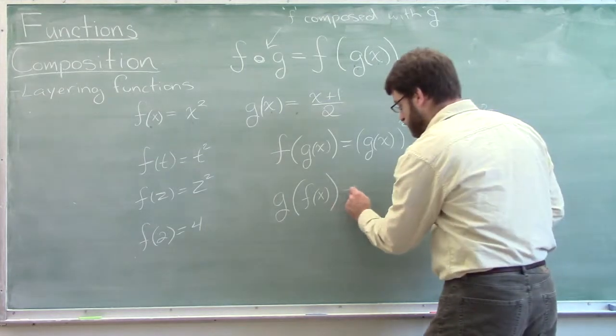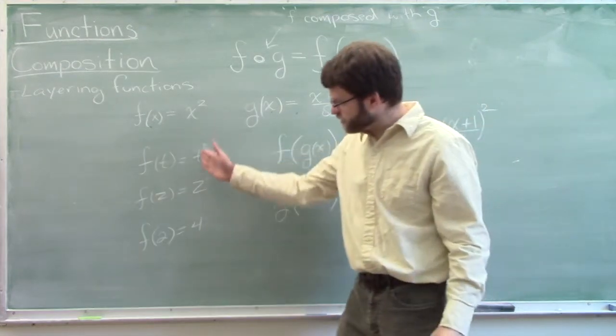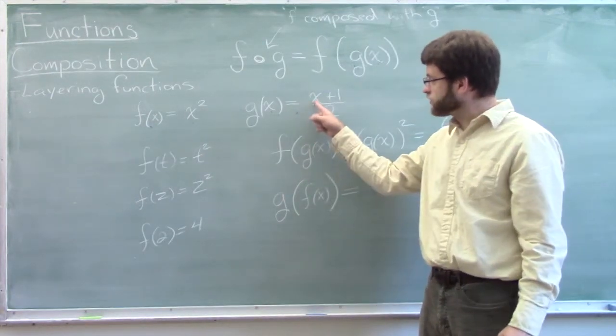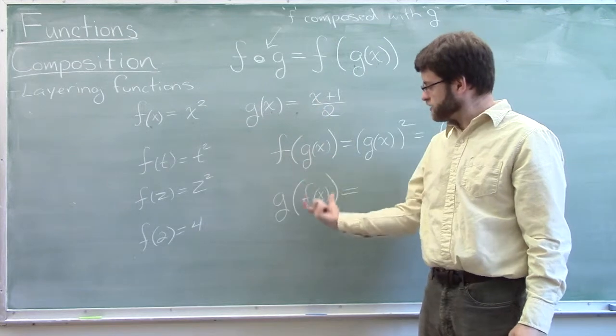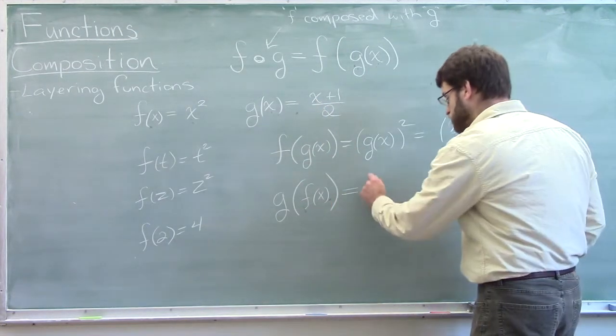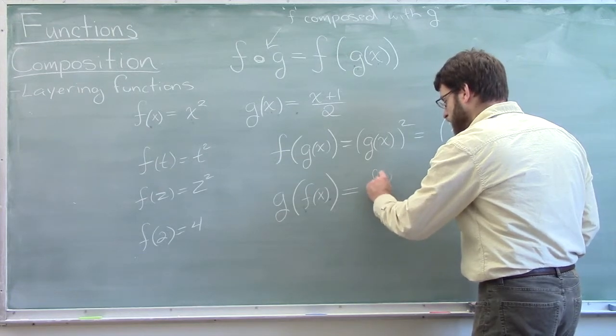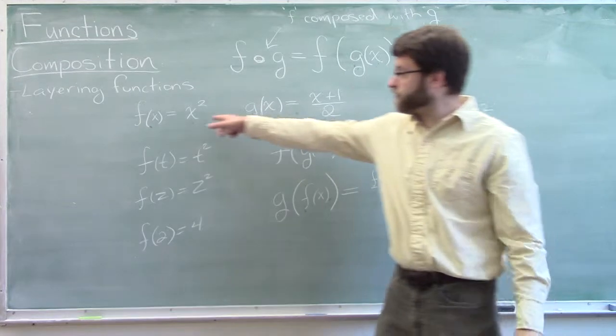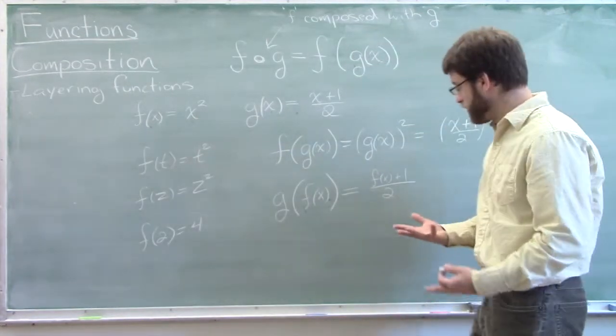Okay? So, same idea that we were using here. I'm going to take my g and replace the input x with f of x. So g of f of x should look like (f of x plus 1) over 2. And I have a formula for f of x, so I can use that.